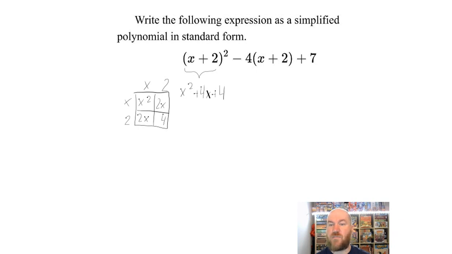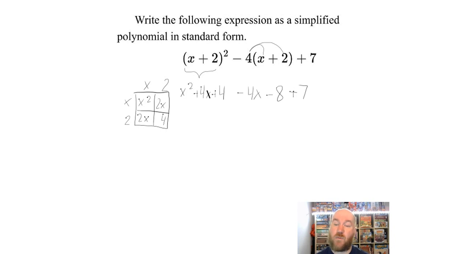I don't need to do box method if I'm just multiplying one thing by multiple things. So we're going to end up with negative 4 times x and negative 4 times 2. So negative 4 times x is negative 4x, and negative 4 times 2 is negative 8. The 7 doesn't have anything to do with multiplying here. It's just going to drag itself along.